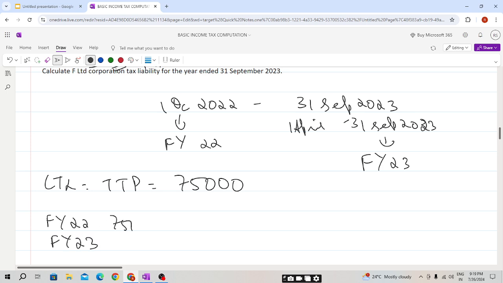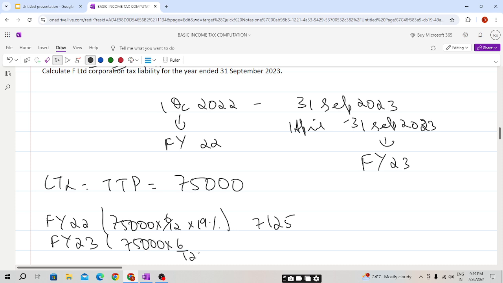So 75,000 into 6 divided by 12 into 19%. I hope it is clear, because 6 months are for finance year 22, and we are charging tax only for 6 months. So 7,125.